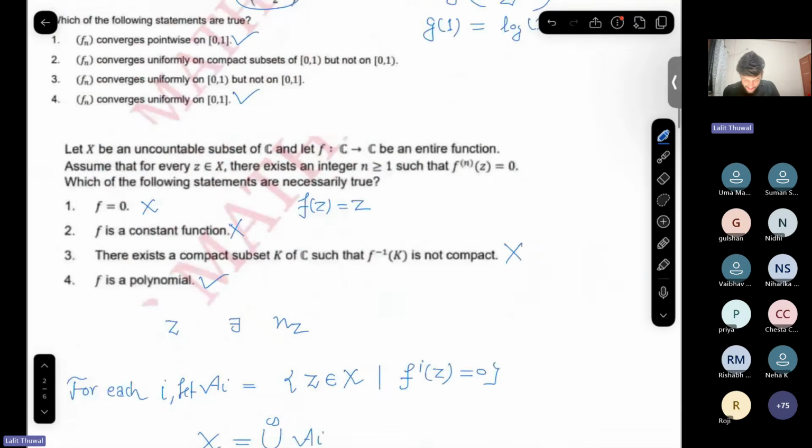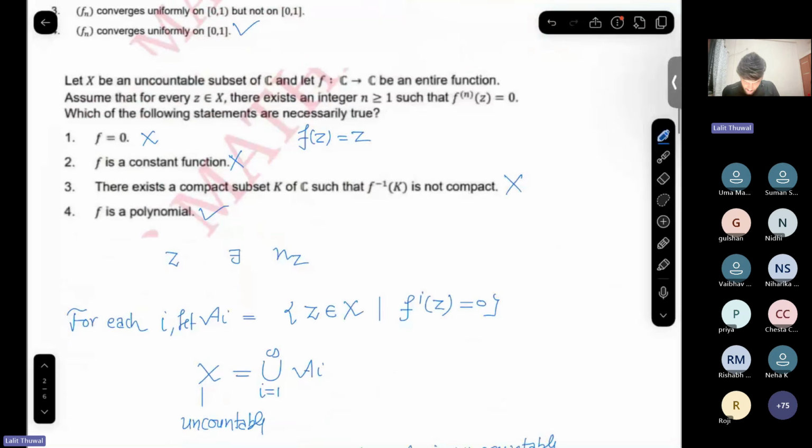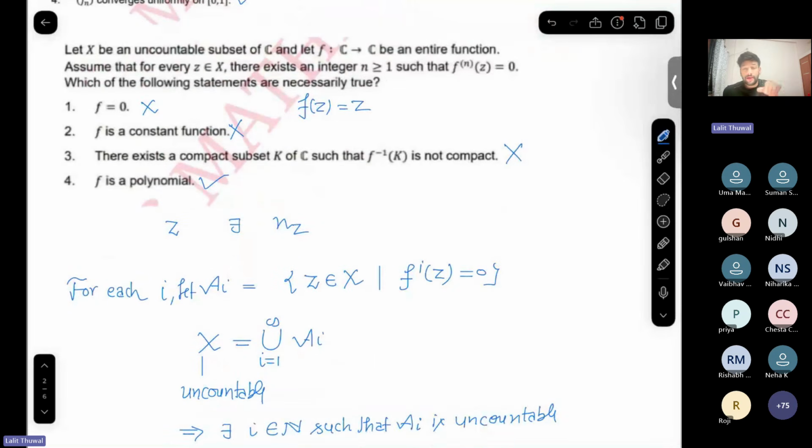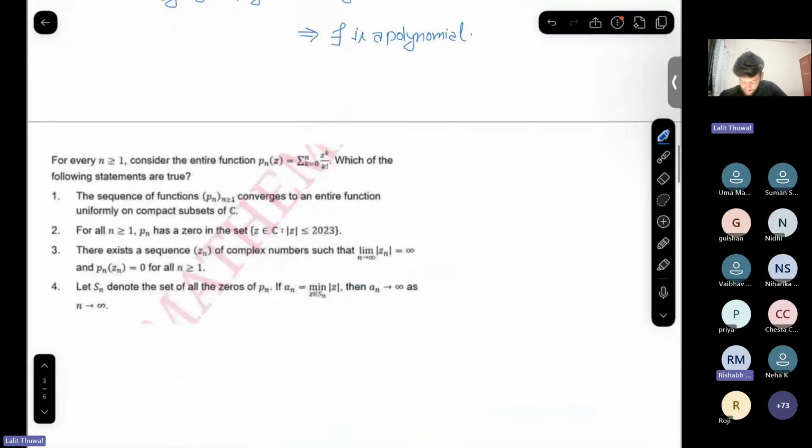You all should check, but I will be giving the correct solution. So in the third I said that I thought it's asking that for every compact subset K, f inverse K is compact. But it is: there exists a compact set K of C such that f inverse K is not compact. So since polynomials are proper, it should be wrong. Okay, thank you. Yes.